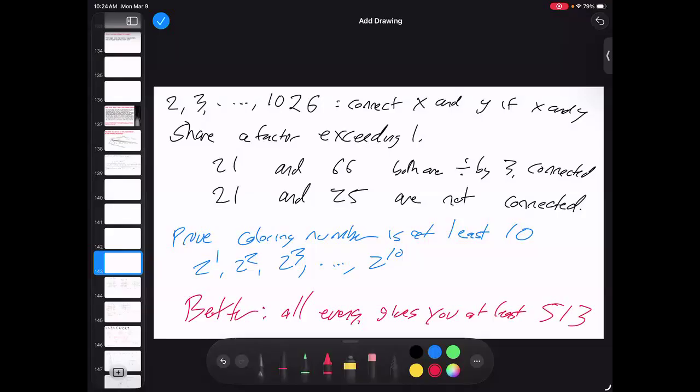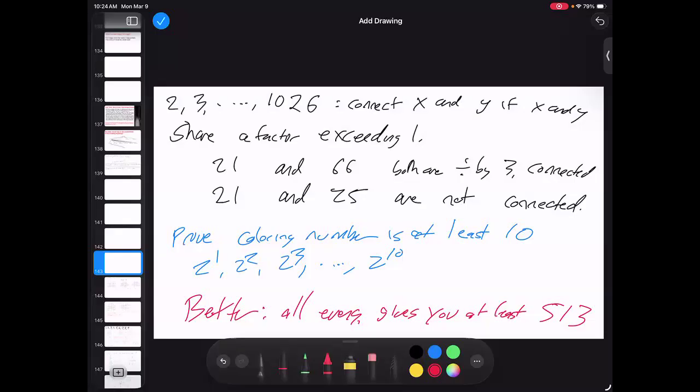I looked at powers of 2. And there are 10 powers of 2, and that gives you a coloring number of at least 10. A much better argument is to say, but all the evens are connected. So all the evens have to be colored differently. You can actually prove that it's also 513, that this is enough. Each odd number, you can figure it out.